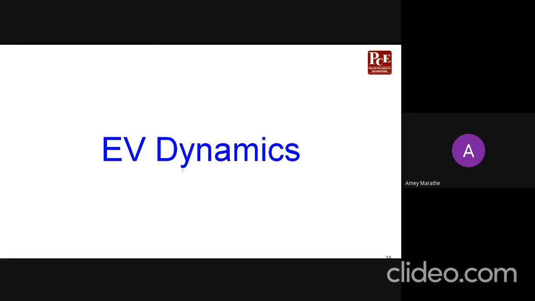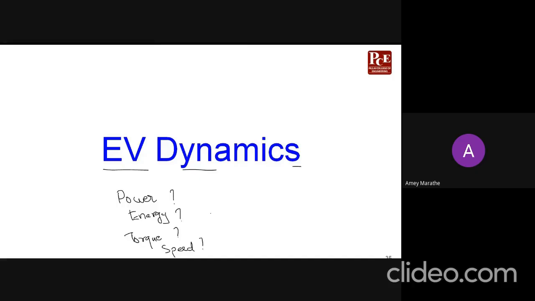Electric vehicle dynamics will play a very important role in the selection of battery, motors and everything, because your EV dynamics will tell you how much power you will require, how much tractive power, how much energy, how much torque, and how much speed you will require. And all this, we still don't know.